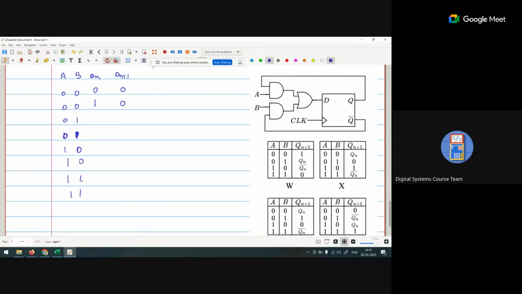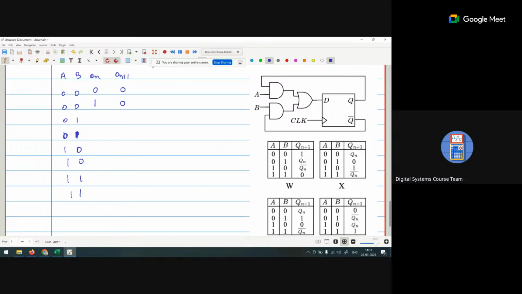It is always 0. Now if A is 0, this is 0, this is 1. It is an AND gate, so if any of the inputs is 0, the output is 0. Now it doesn't matter what Q is, either 0 or 1. For B it is problematic.